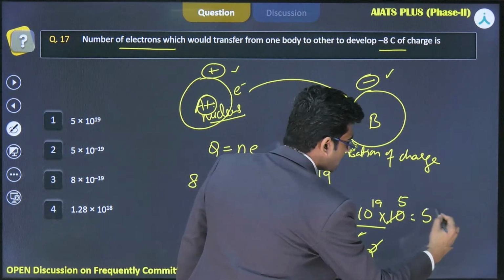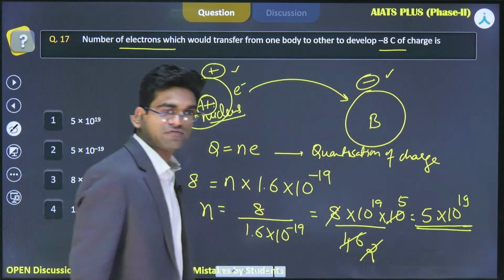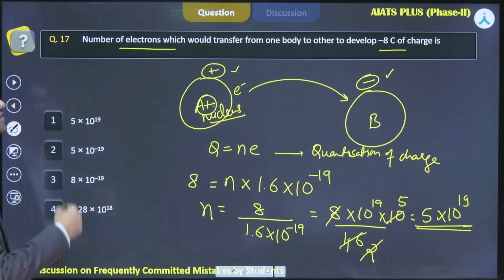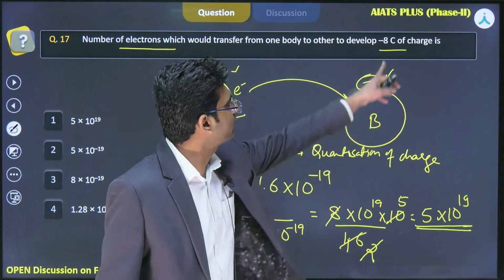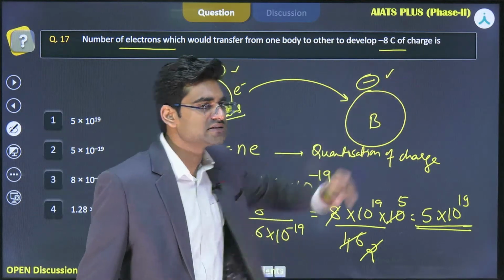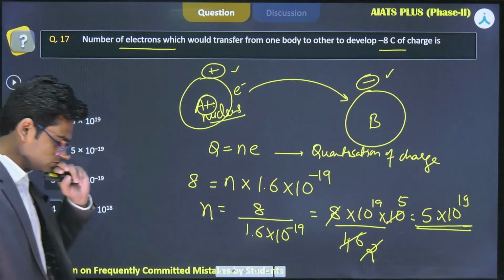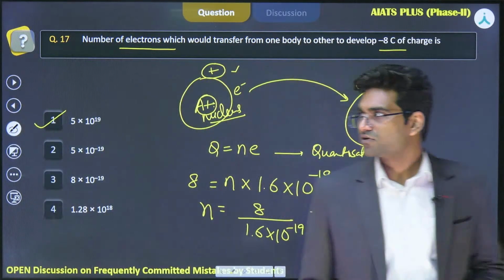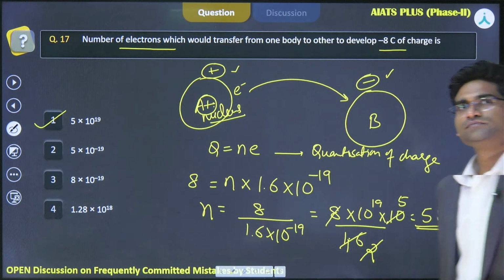This will become 5 into 10 raised to power 19. This is the number of electrons which you will need to transfer from one body to another to charge any body with -8 coulomb. Do we have this answer? Yes, this is option 1. So 5 into 10 raised to power 19 is the correct answer.